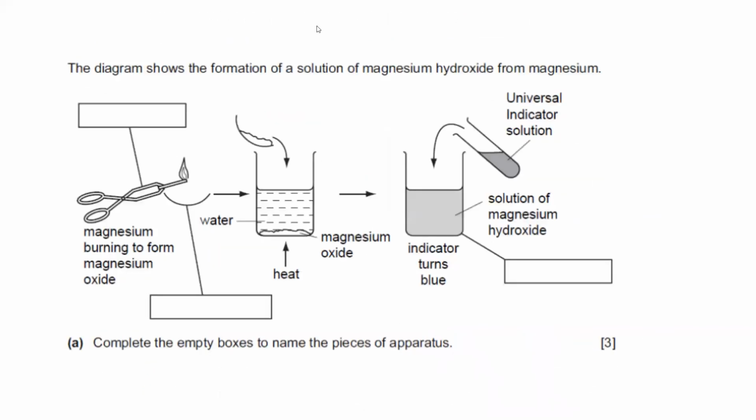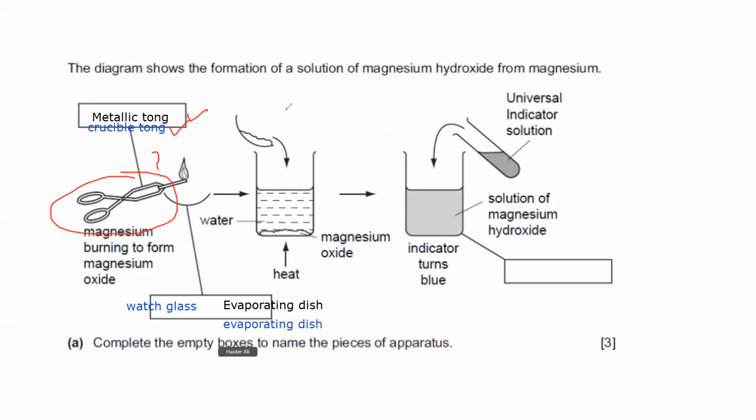So what does it look like, a watch glass or evaporating dish? Because evaporating dish is a bit deeper, but a watch glass is not too deep, so it is evaporating dish in this example.